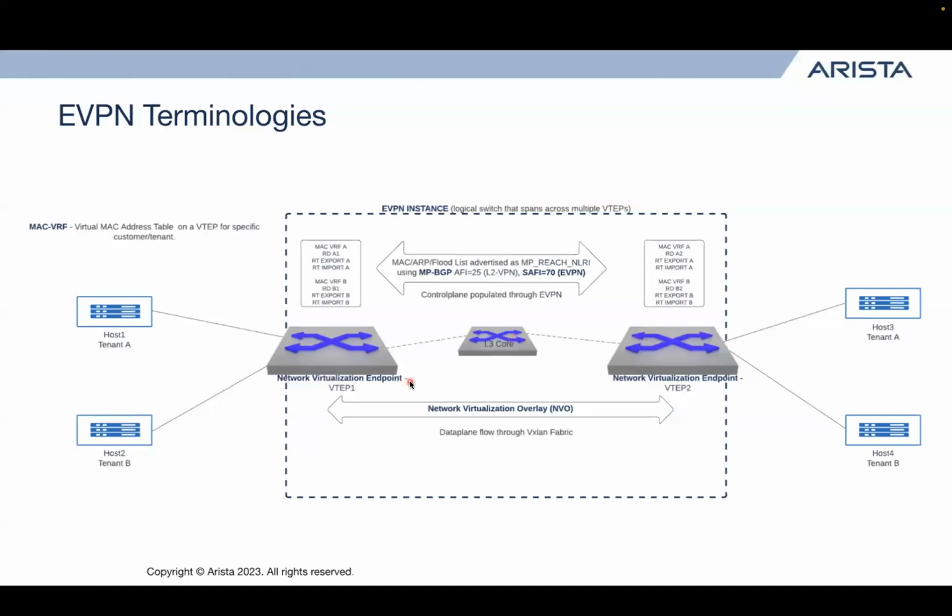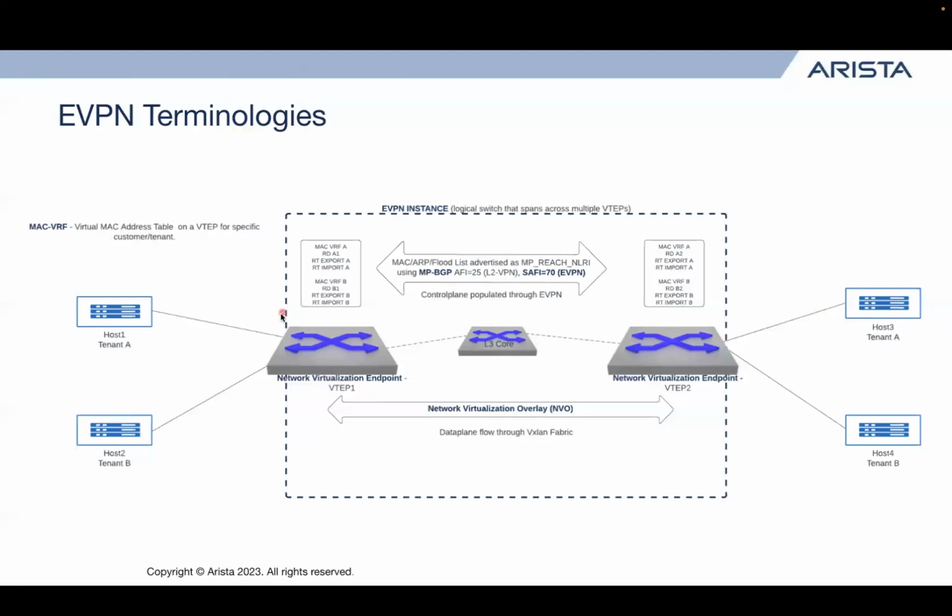The NVE here is a VTEP. Between the NVEs or the VTEPs is where we have the EVPN instance running that visualizes the entire network as a single logical switch that maintains the control plane information for the end customers or tenants.